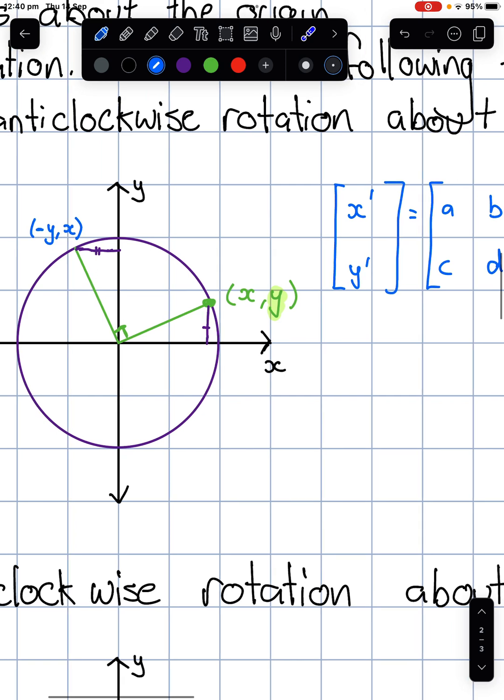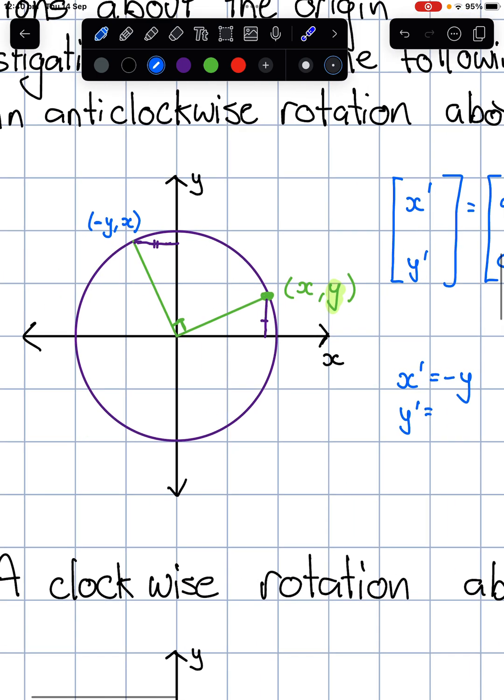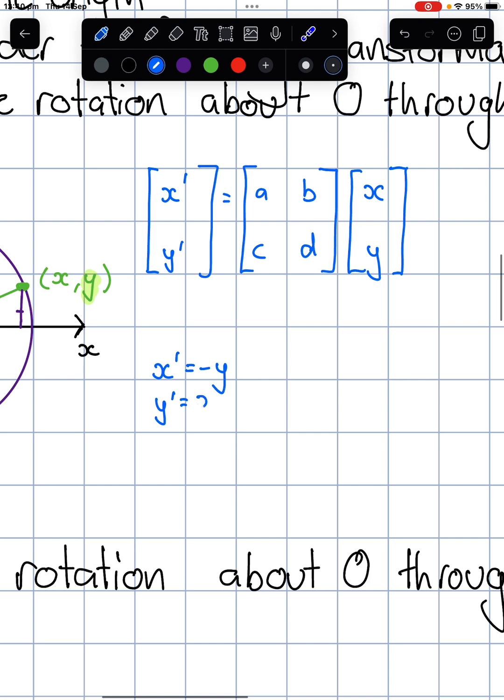Our x value becomes negative y, so x dash equals negative y, and y dash equals positive x.